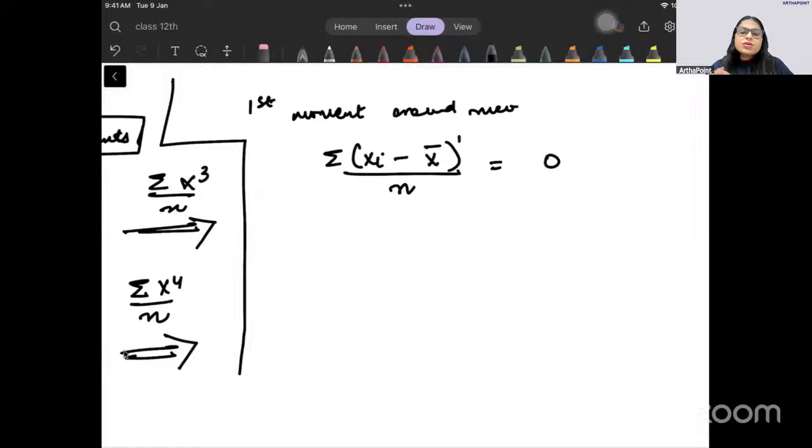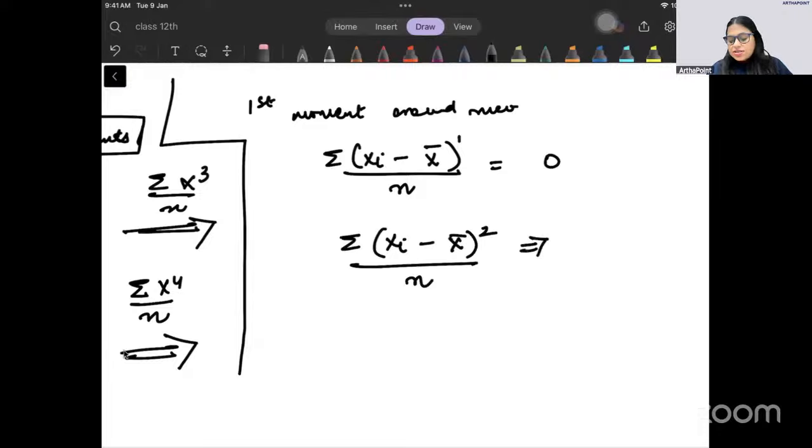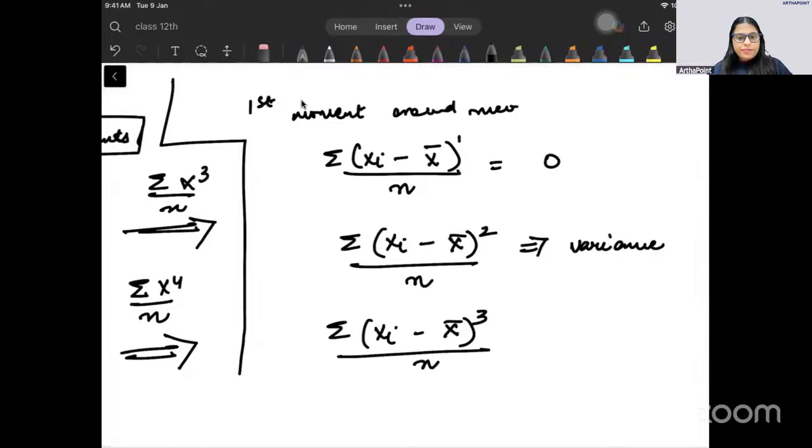If in the exam they ask you to find the second moment around mean, it will be summation xi minus x bar whole square by n. And this we know is called variance. If they ask you to find the third moment around mean, then it will be summation xi minus x bar to the power 3 by n. Fourth, to the power 4. That is how we do it.